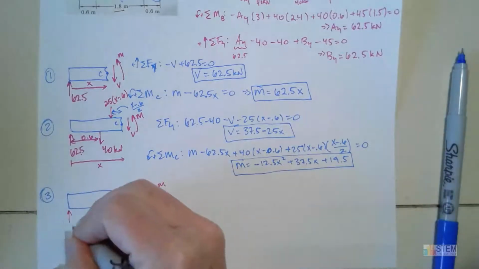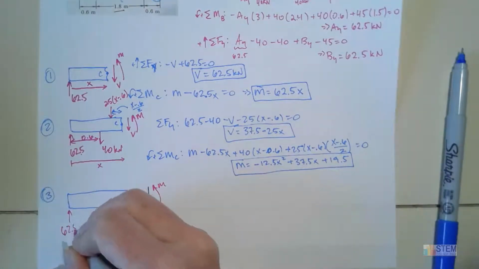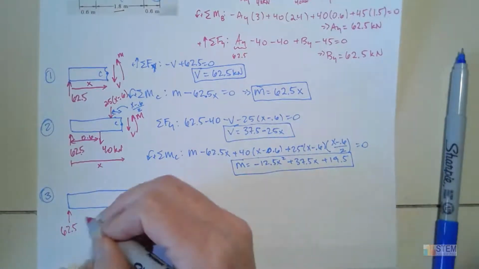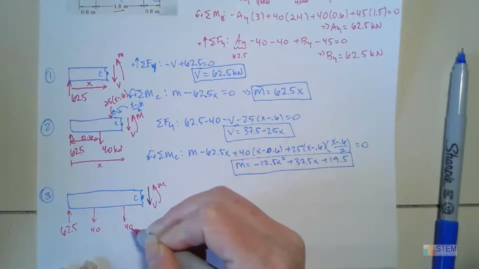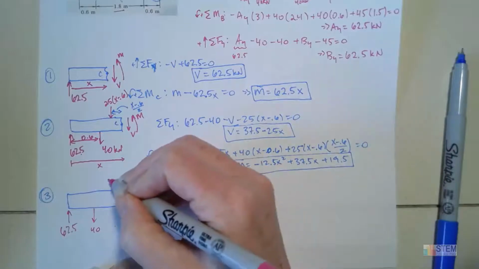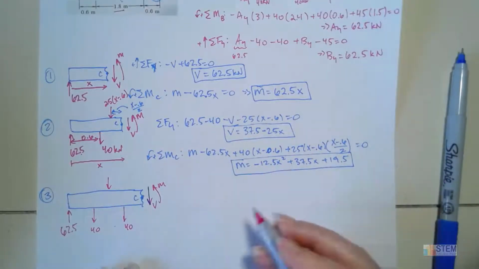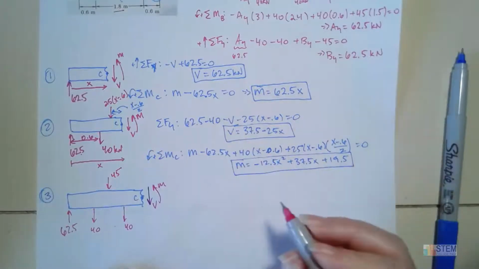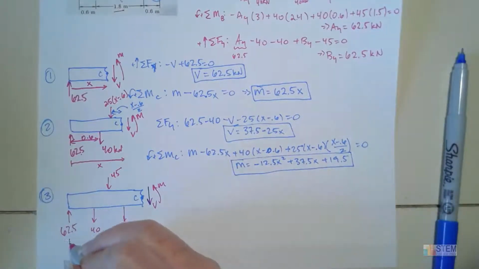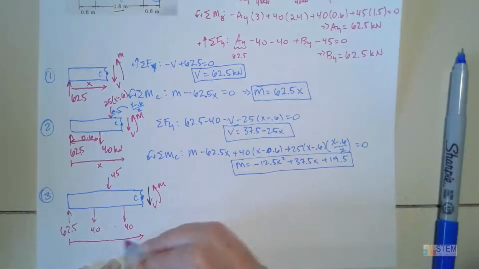We are still going to have our Ay over here, which is 62.5. We got the 40. We have the other 40, because we're to the right of that. And then up top, I'm going to have just the full distributed load, which was the 45. And this full distance here is x.